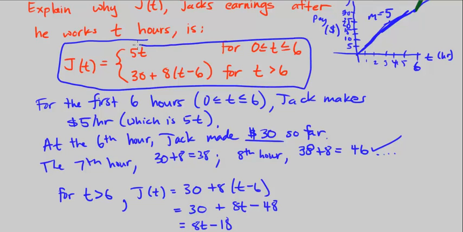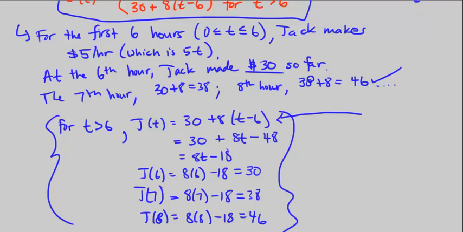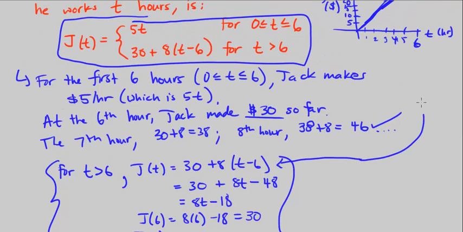And the explanation is, well, for the first 6 hours, he's making $5 an hour. And at the 6th hour, he's already made $30. At the 7th hour, we want to add 8 every time. 8th hour, add another 8. So we see this pattern, right? And this pattern is basically what we're given for t is greater than or equal to 6, right?